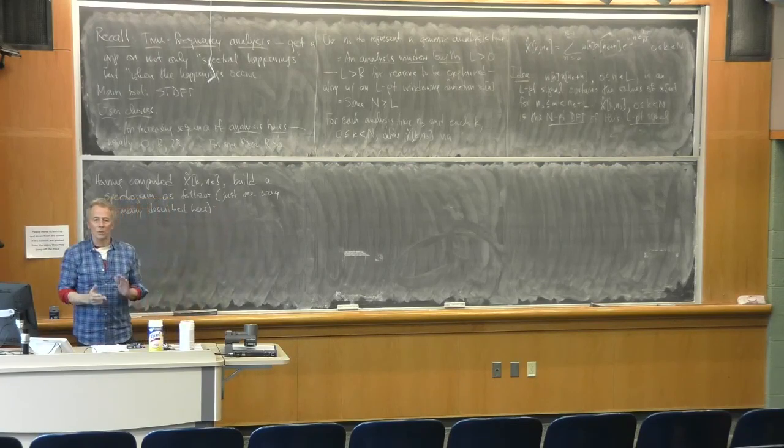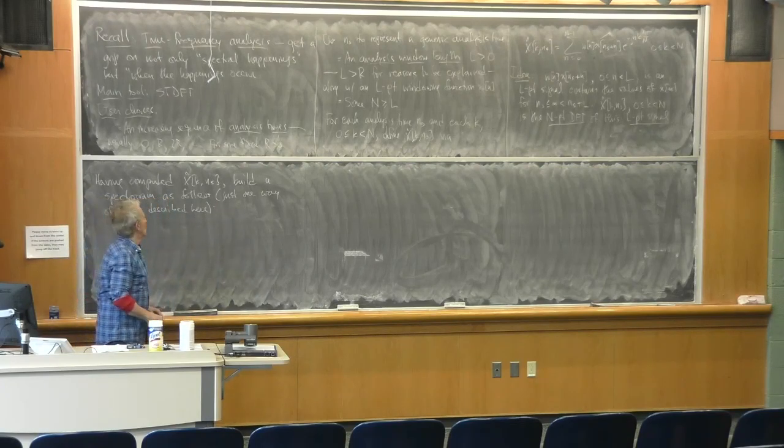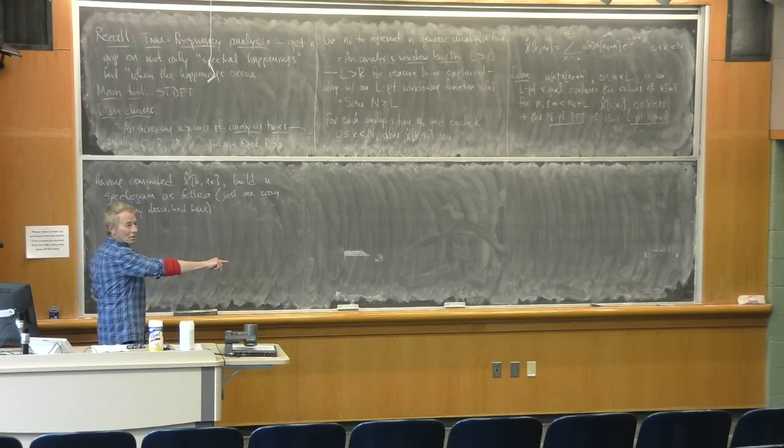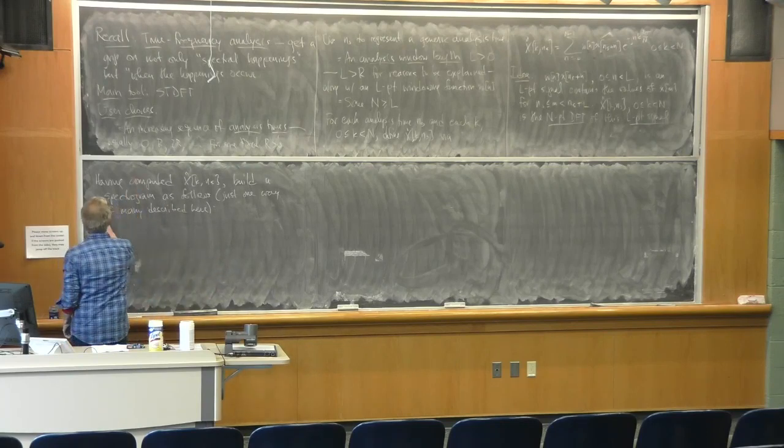All right, so what do we do? We make a plot. What is the plot? The plot is going to have m on the horizontal axis and k on the vertical axis.